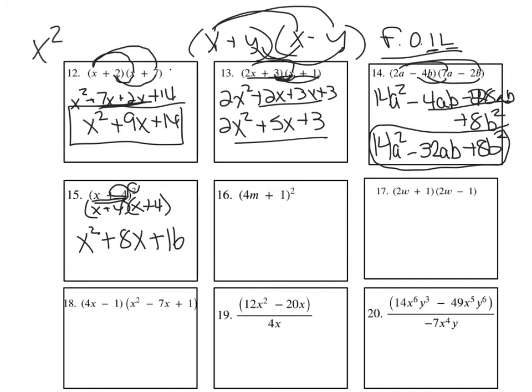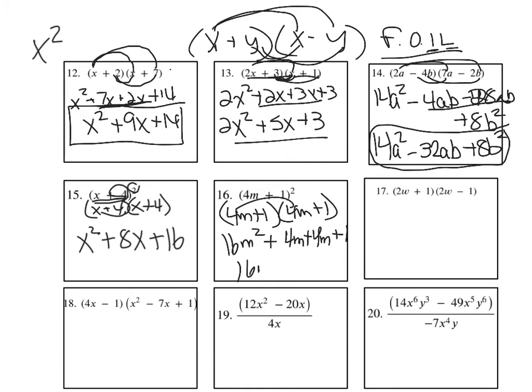But you don't have to remember that. You can just distribute. 4m plus 1 times 4m plus 1. That gives me 16m squared plus 4m plus 4m plus 1. So 16m squared plus 8m plus 1.